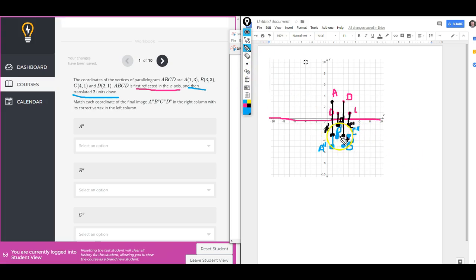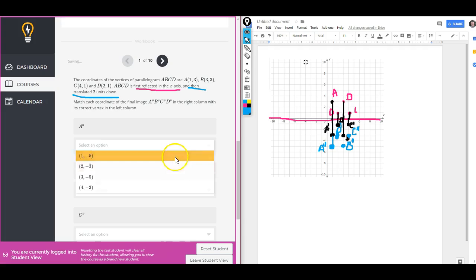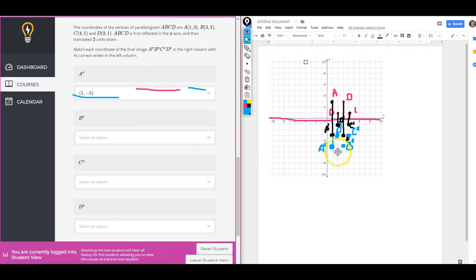That's how I would do it, because I do like using a coordinate plane. It is much easier than remembering everything. So then A double prime is at 1, negative 5. B double prime is at 3, negative 5.